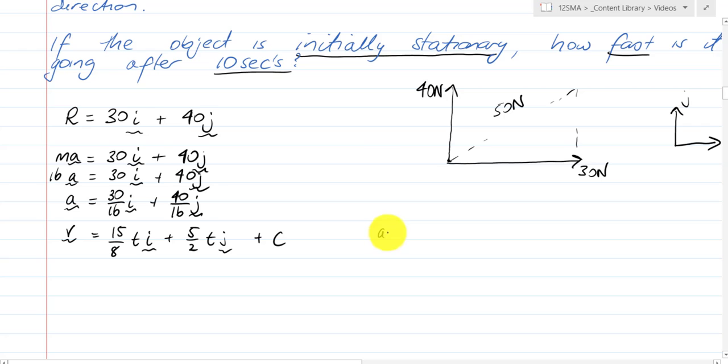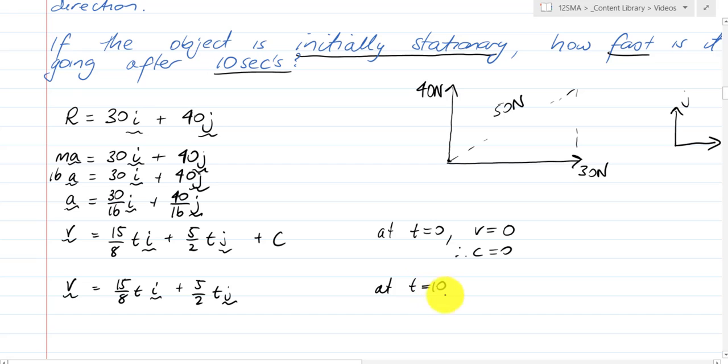But we do know this, at t equals 0, this object is stationary, so velocity equals 0, and therefore c equals 0.